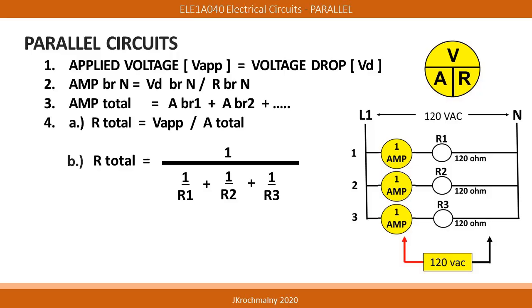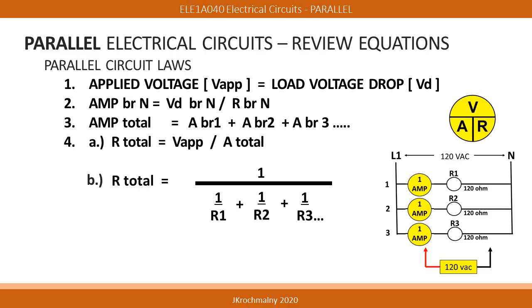Law number 4. Total resistance in a parallel circuit is equal to the voltage applied divided by the total amperage, and by dividing 1 by the sum of 1 divided by the first load value plus 1 divided by the second load value plus 1 divided by the third load value. In reference to parallel electric circuits, these 4 laws will be used to calculate and measure each component making up the parallel circuit.